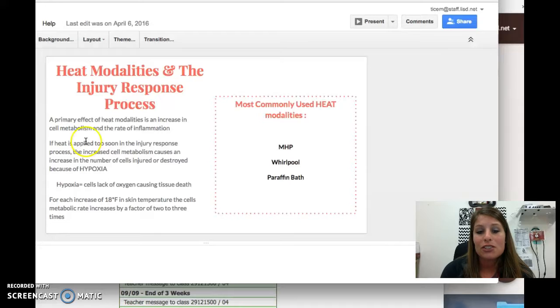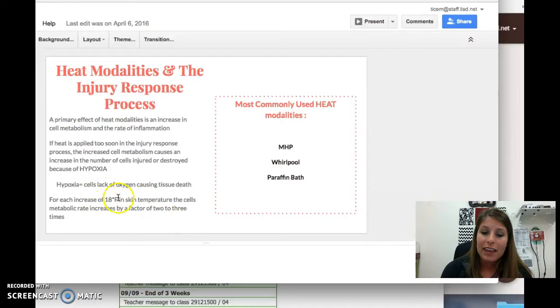If heat is applied too soon in an injury, like we're still in that acute process, we are increasing that cell metabolism too much, and we're increasing the number of cells that are involved that we can get a condition called hypoxia. Hypoxia is referring to lack of oxygen in the cells, which means that the cells are going to die. Anything without oxygen is going to die.